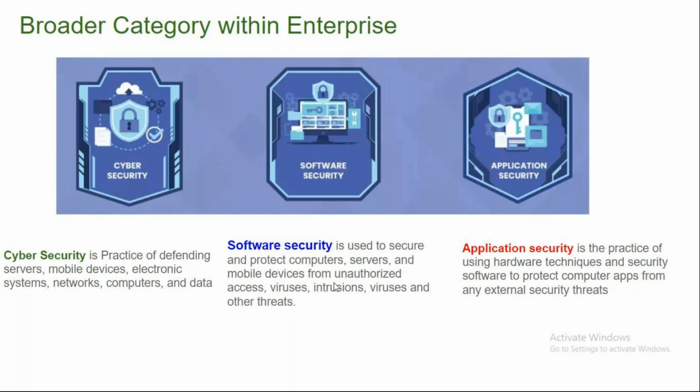So protecting your individual software against viruses, any intrusion, and other threats and malware is your software security. It is more towards your system software, which can be your OS. It could be specific to your organization. There will be multiple such software, such as your Outlook, or your pre-installed software in your OS.